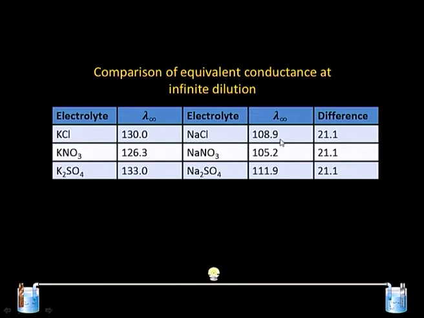They are measured here, and they suggest that if the two anions are the same and the cations are different, the difference is 21.1, which is the difference of K plus and Na plus. In the second case, again the anions are the same, the cations are different, and the difference is again 21.1. This explains that in the electrolyte the ions are not influenced by the other cation or anion.